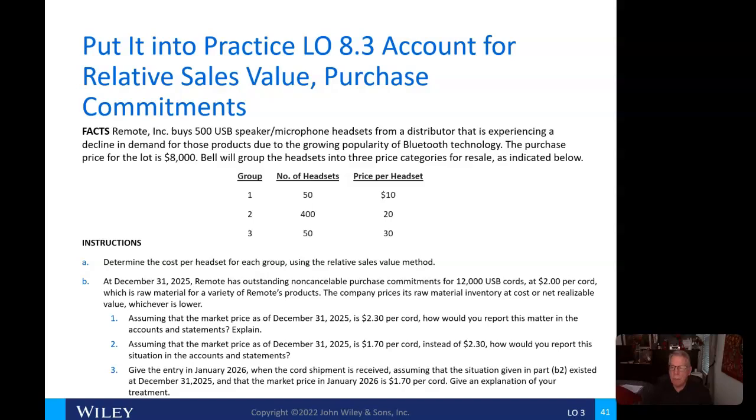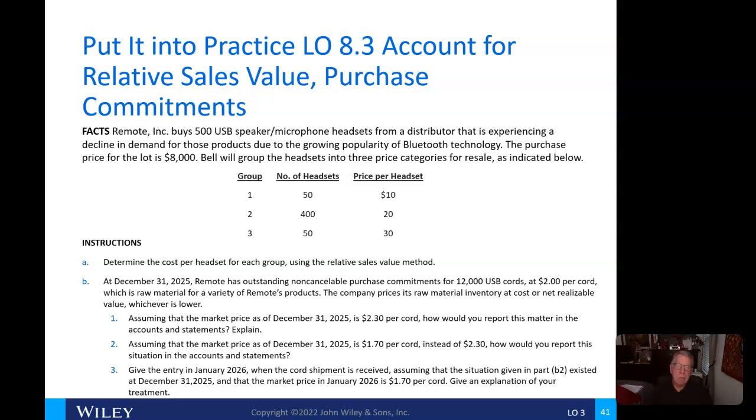Now, if I look back at Bravo here, at December 31, 2025, Remote has outstanding non-cancelable purchase commitments for 12,000 USB cords at $2 per cord, which is raw material for a variety of Remote's products.